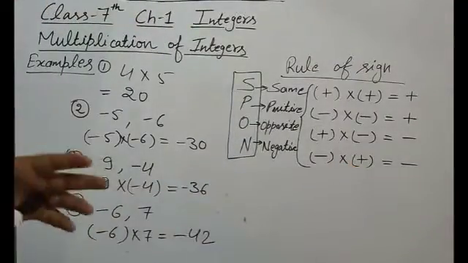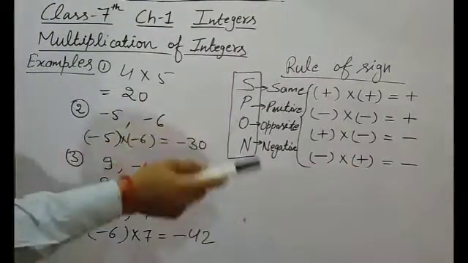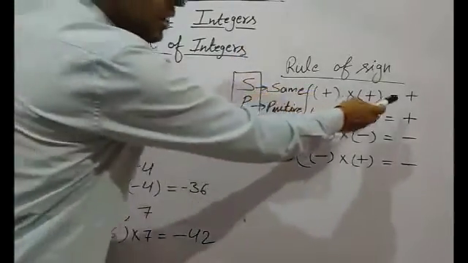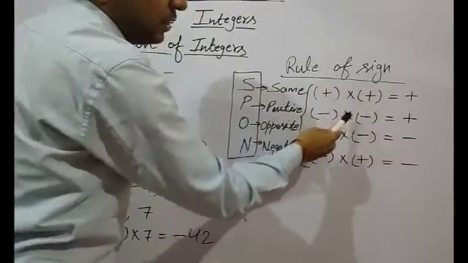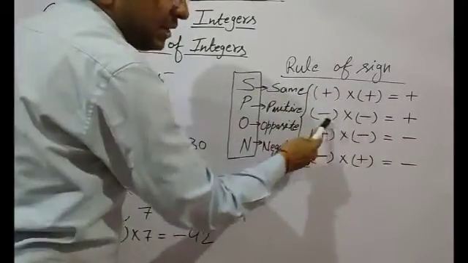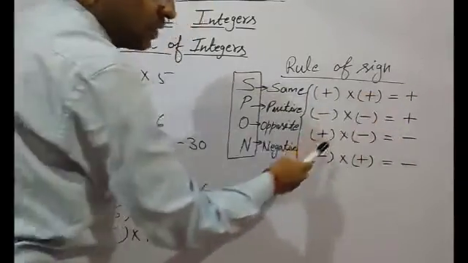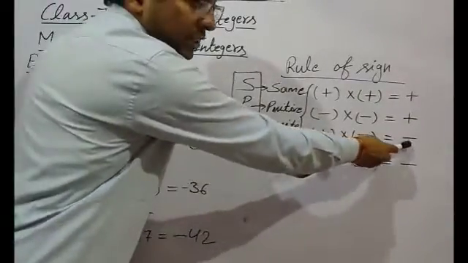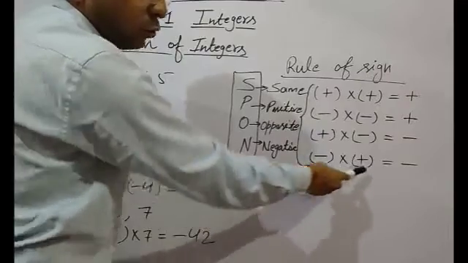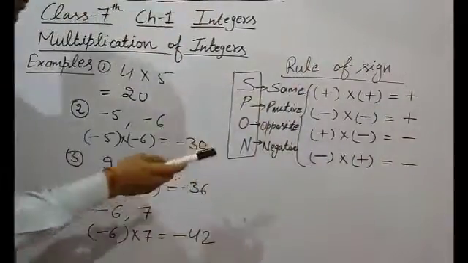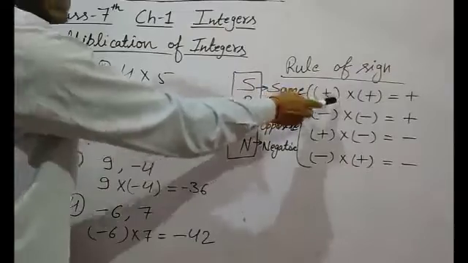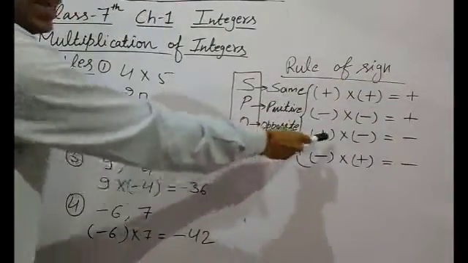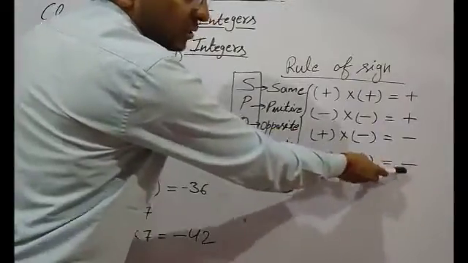So there is no need to learn, because we can understand from this simple trick. We observe here is the same sign, so plus, and both are minus and the same sign is plus. One is plus, one is minus. So here is opposite sign, so our answer is minus, and here is also opposite sign, so minus. So we can say same sign is positive, and opposite sign is negative.